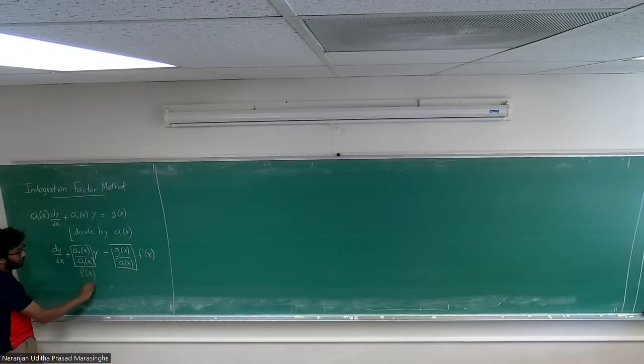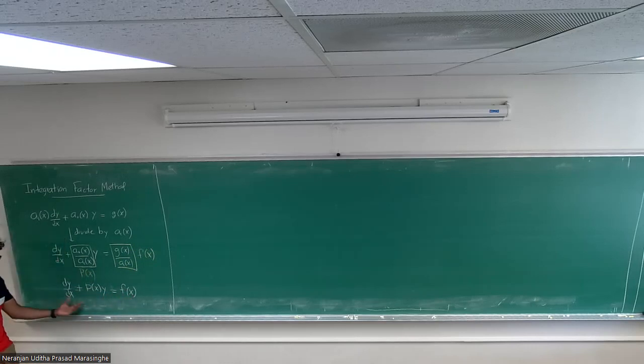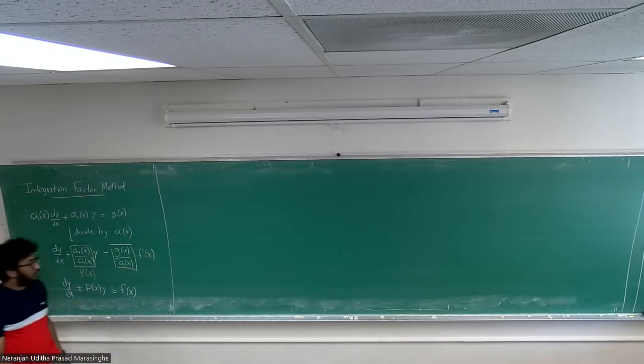Now you have an equation like this: dy over dx plus p(x) times y is equal to f(x). Okay. After you reach this equation, then you have to find the integration factor, right?